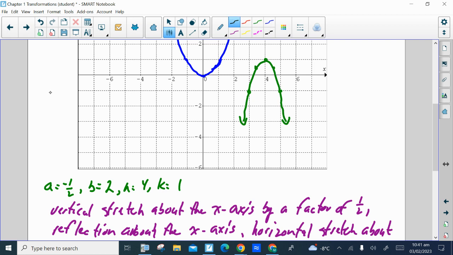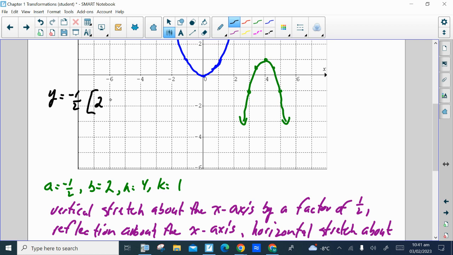So to write our equation, whatever happens to the x will happen to the bx, and also whatever happens to the x happens to the x minus h. The x is squared, so the b bracket x minus h will need to be all squared as well. You're going to have negative 1 half as our a value.